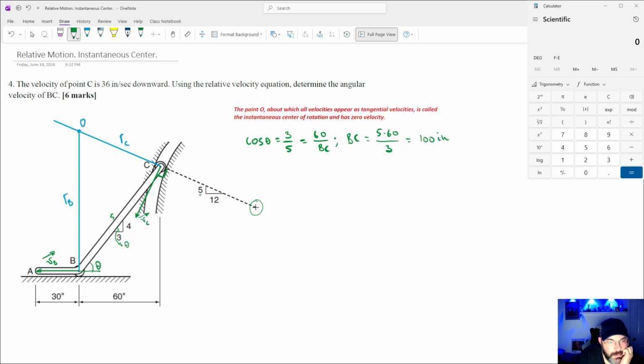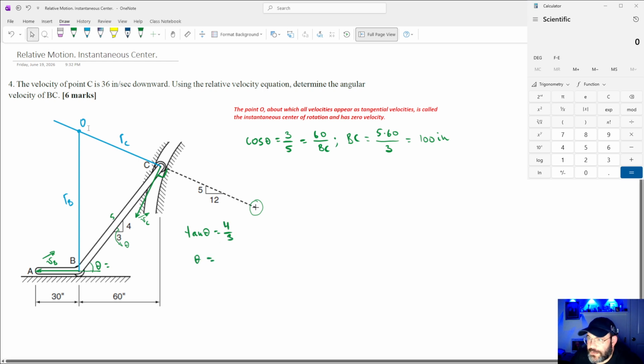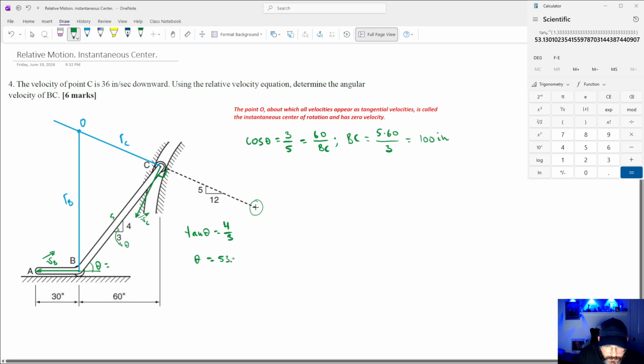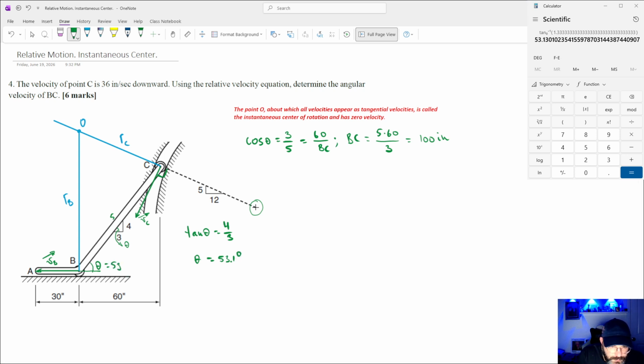We will also need this angle as well, right? So let's calculate it. The tangent of angle theta is equal to 4 divided by 3, so theta is equal to the inverse tangent of 4 over 3, which is 53.1 degrees.